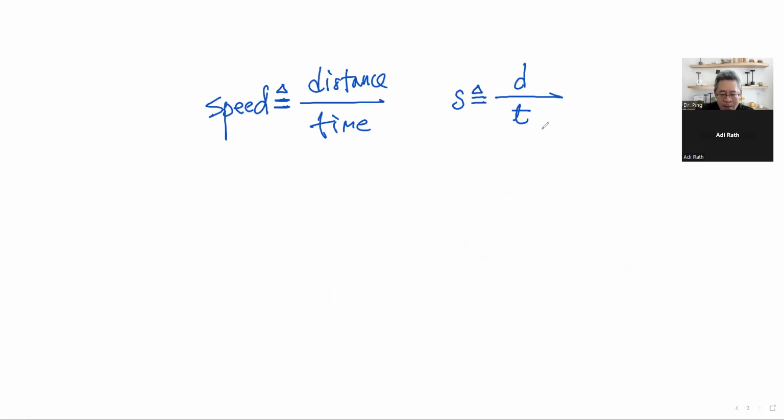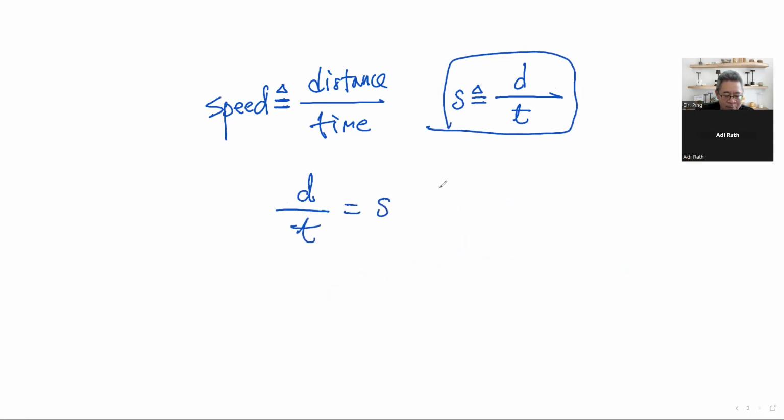Knowing the speed and time, we can figure out the distance. By definition, D over T is equal to S. We just flip that, which is one of the properties of equations. Then we multiply both sides by T, using the multiplication property of equality. Then this cancels, that's the inverse property, and we got D equals S times T.